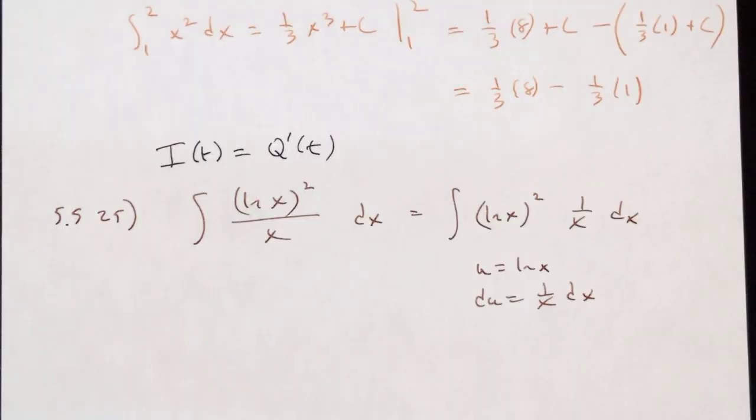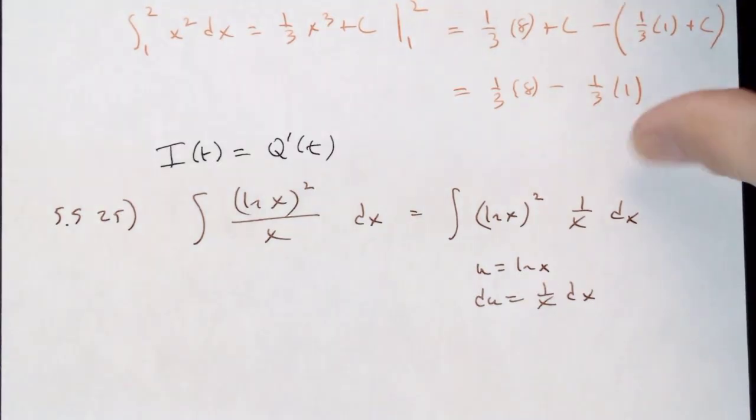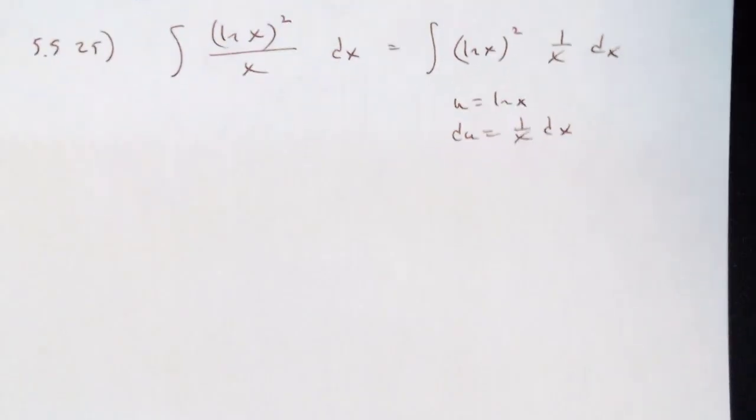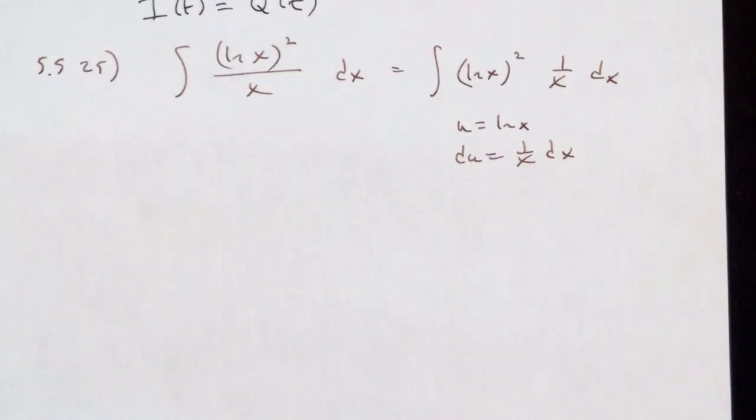Can you finish it out for me? Give it a try. The important thing to note here, this is why parentheses are important. If I write ln of the quantity x squared, I can take the square out.